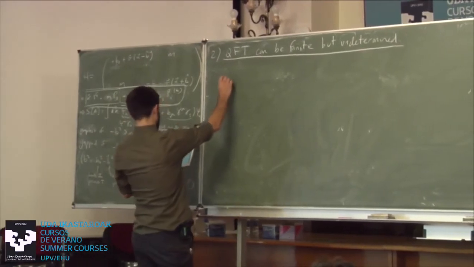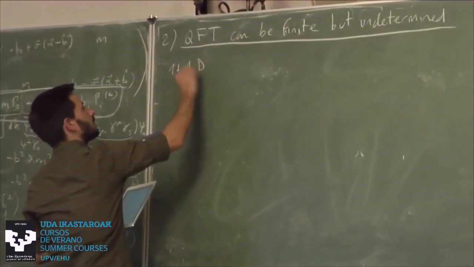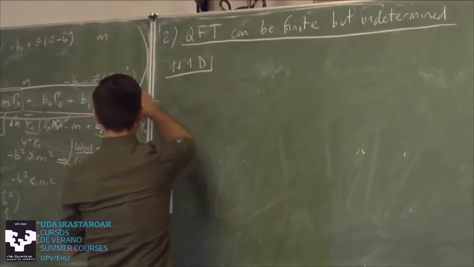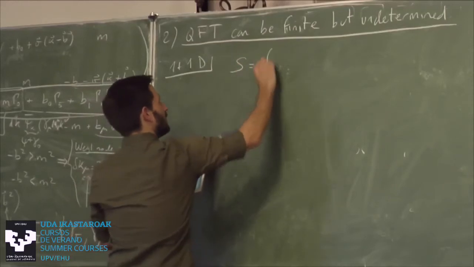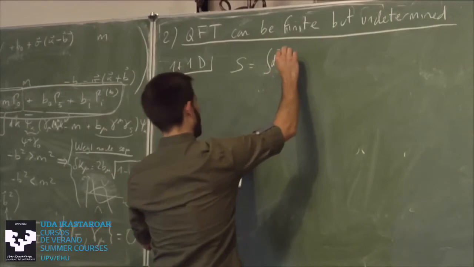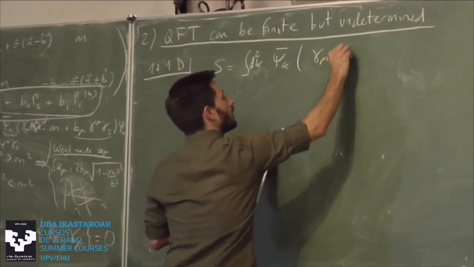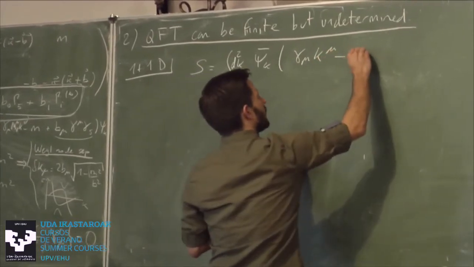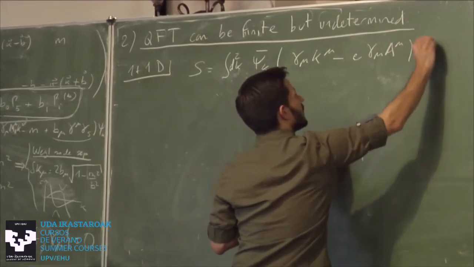Okay, so the example I'm going to use is in 1 + 1 dimensions. It's very similar to this action, but it's actually the simplest action you can think of. So I'm going to put a 2 here: gamma mu, k mu, minus e gamma mu, a mu, psi k.